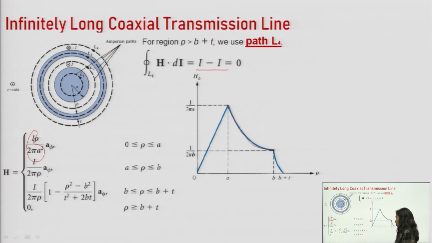Finally, for the outer thickness, if the point of interest is in the outer conductor, then H varies non-linearly with respect to rho. So the graph can be drawn like this. Finally, for outside it is 0, so we have taken it as 0.